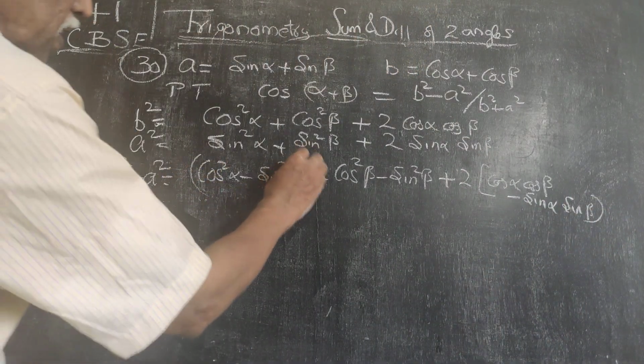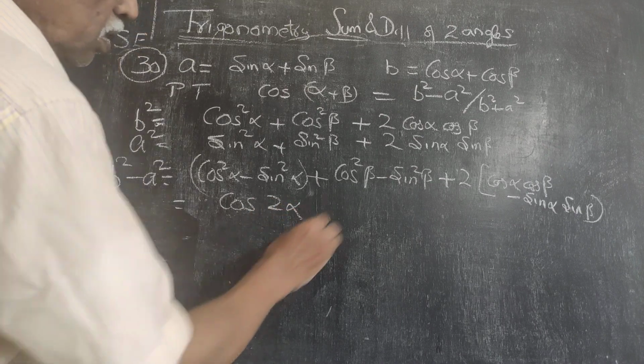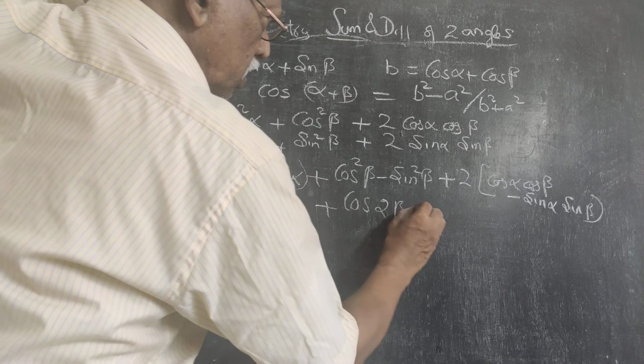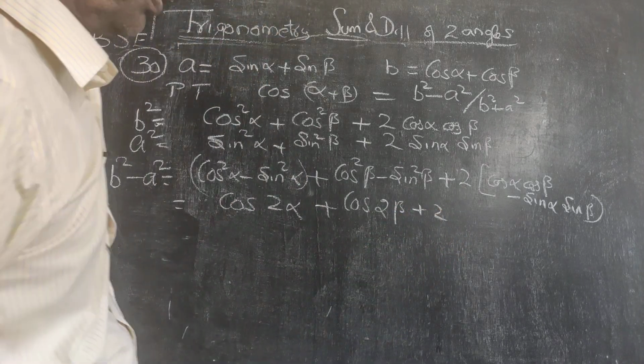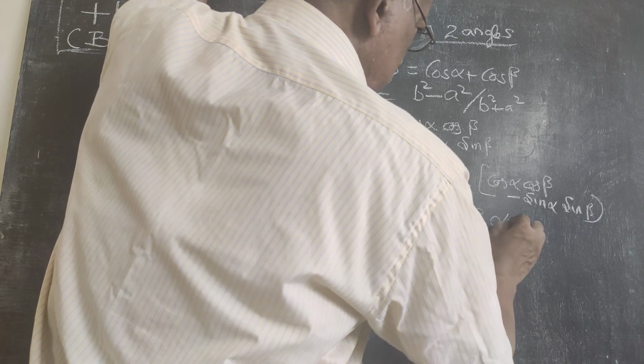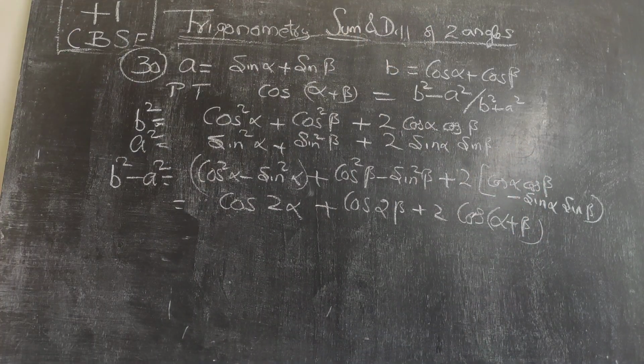Cos square alpha minus sin square alpha is nothing but cos 2 alpha. Similarly, this part is cos 2 beta plus 2 times of cos A cos B minus sin A sin B. So, this is cos alpha plus beta. This is what you will be getting.